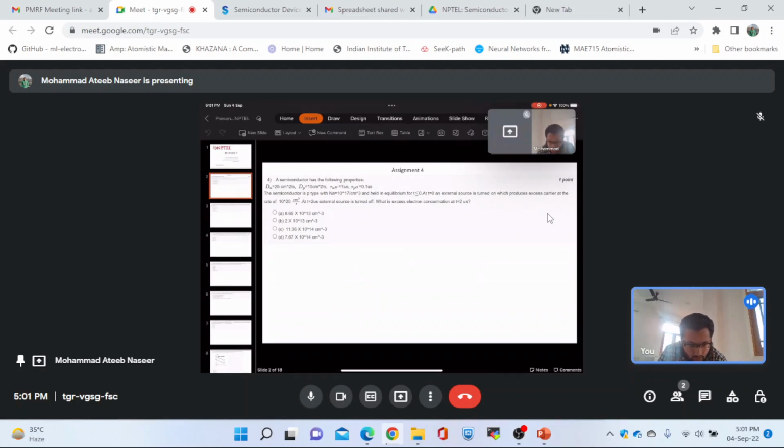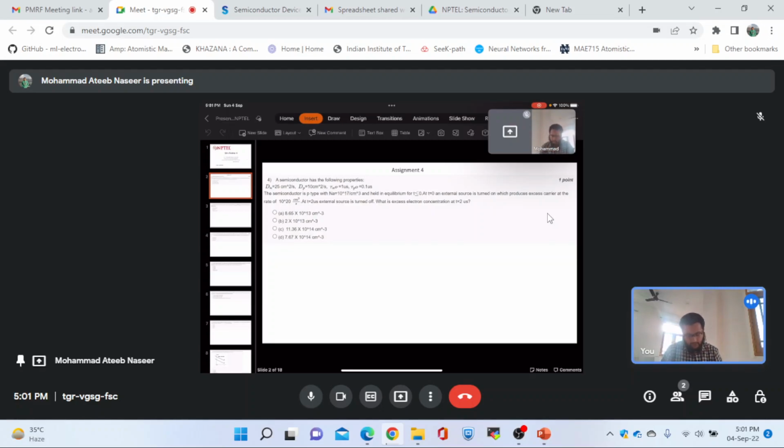We have been told that this semiconductor is p-type, and the acceptor dopant is equal to 10 to the power 17 per centimeter cube, and this semiconductor bar has been held in equilibrium up to the time less than 0.